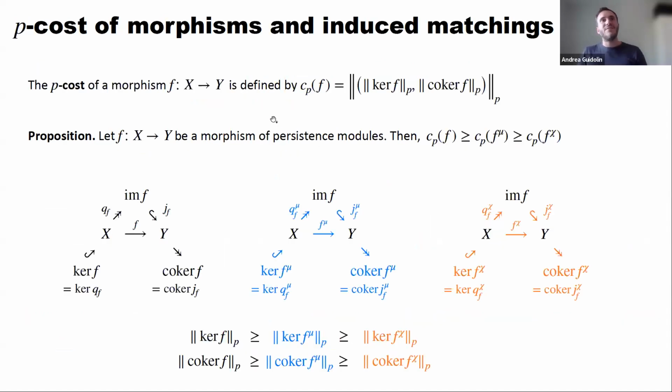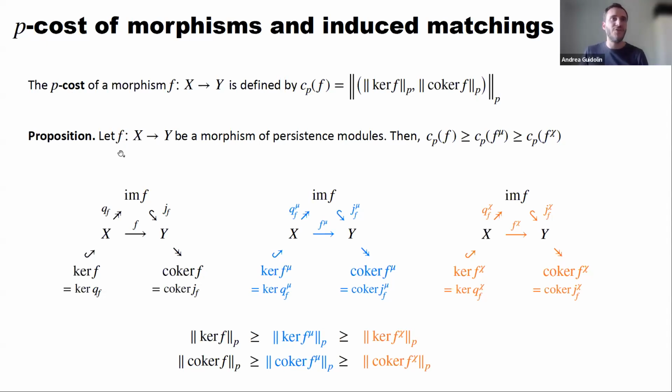And yes, we wanted to actually consider p-costs, not only p-norms of modules. The p-cost of a morphism is defined by combining the p-cost of the kernel and co-kernel.